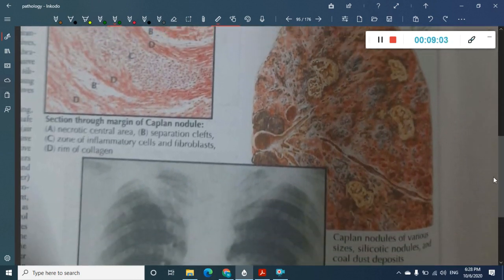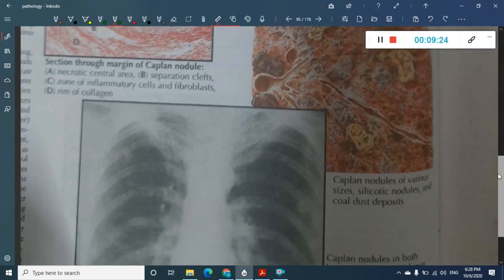Here you can see the silicotic deposits. This is a necrotic area, and you are even seeing Kaplan nodules. These are the silicotic nodules, and these are the Kaplan nodules which you can see.